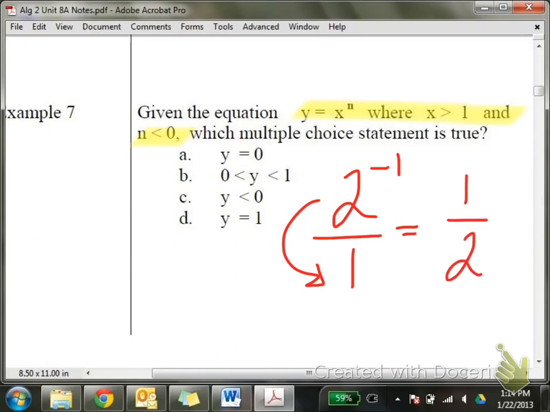So if we got 1/2 as our answer, which answer choice would you pick? B. 1/2 is not equal to 0. 1/2 is definitely not less than 0. And 1/2 is not equal to 1. But 1/2 does fall between 0 and 1. Okay, we're smart.